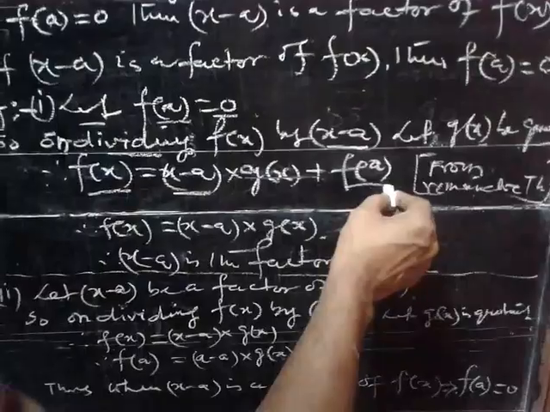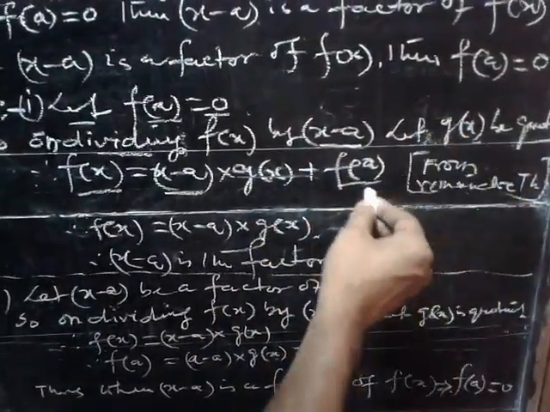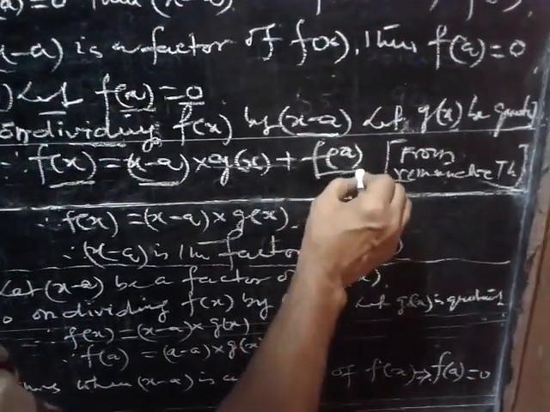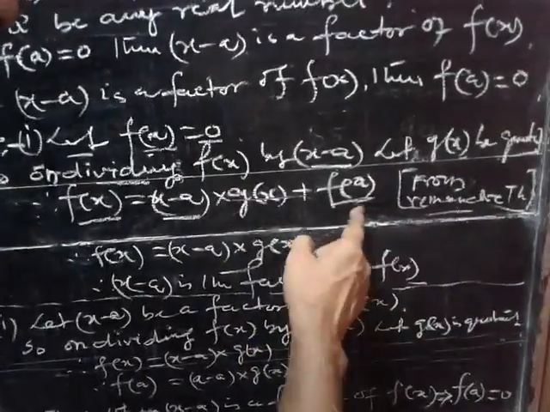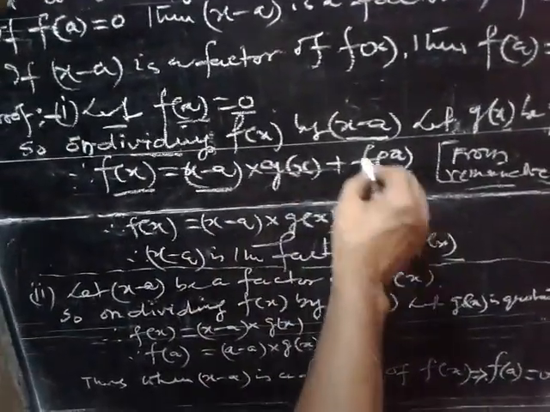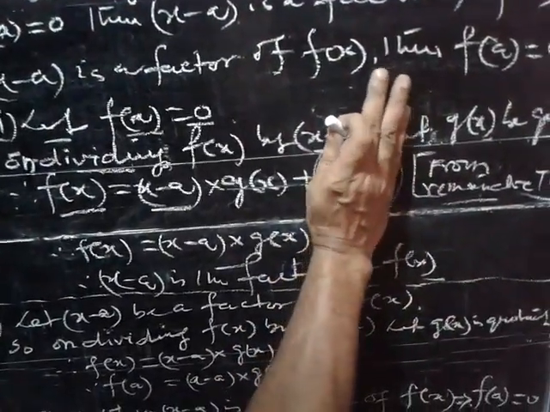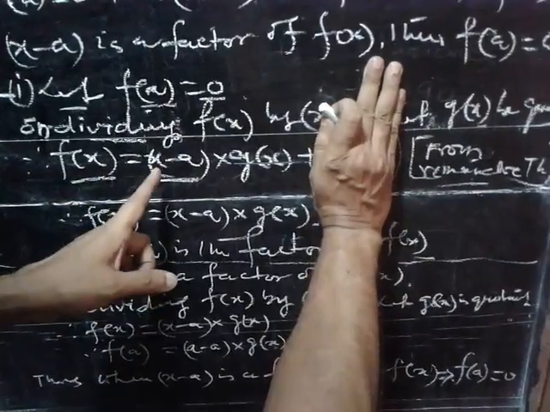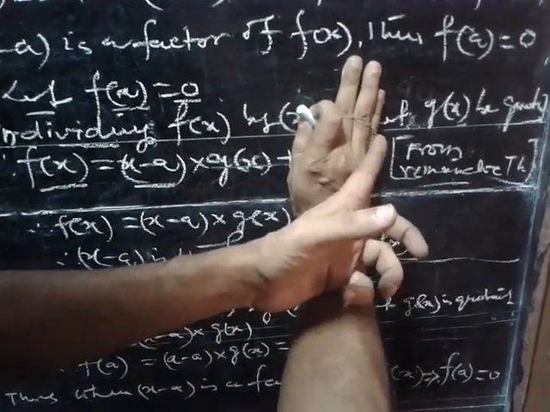When any number is divided by any other number, then the remainder will be f(a). So from this remainder theorem, if it is given this part is 0, we are just omitting this one, then f(x) will be (x minus a) into g(x), that is, the remainder part is 0.